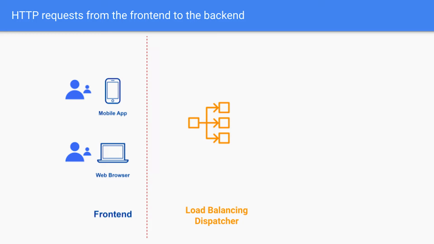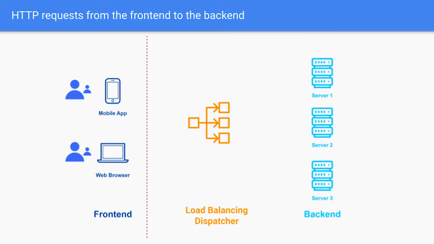A very common use case for load balancing is balancing HTTP requests from the front end to the back end. The front end can be either a mobile app installed on the end user's devices or run as a client-side JavaScript on the user's web browsers. And the back end is a set of application instances we run on the cloud infrastructure.